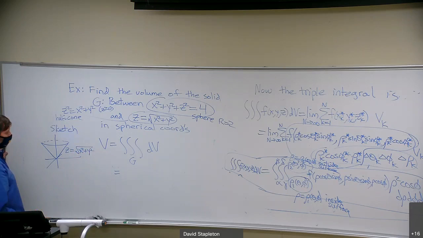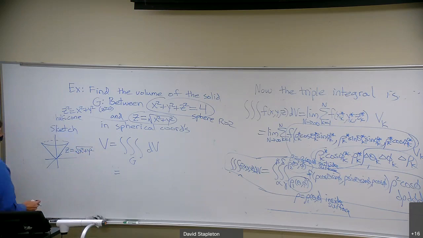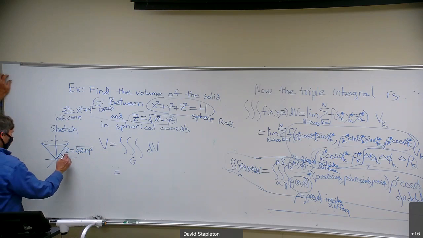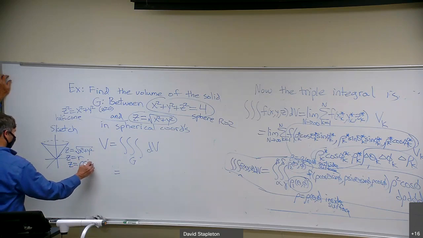Suppose you rewrite that in spherical coordinates. This is also z equals r, which you can write as z equals rho sine phi.